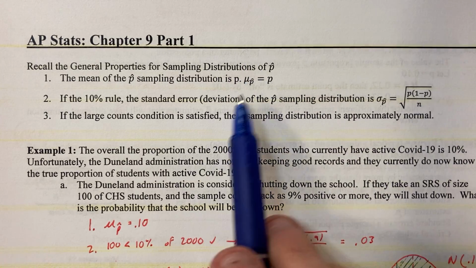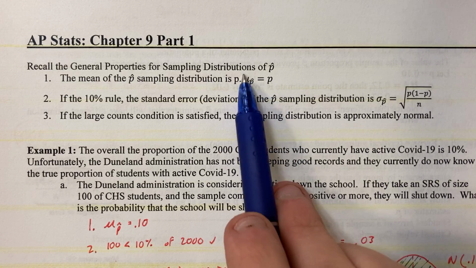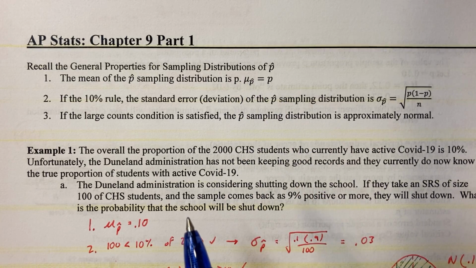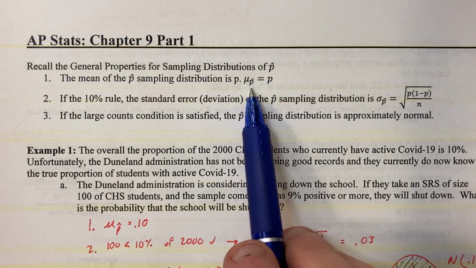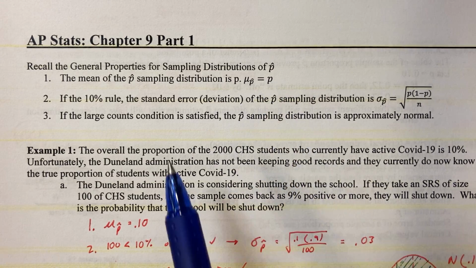For samples, we have faith that the average of the samples will be equal to the true proportion, right? Because samples have variability. Some samples will come back with a sample proportion of greater than what it actually is.